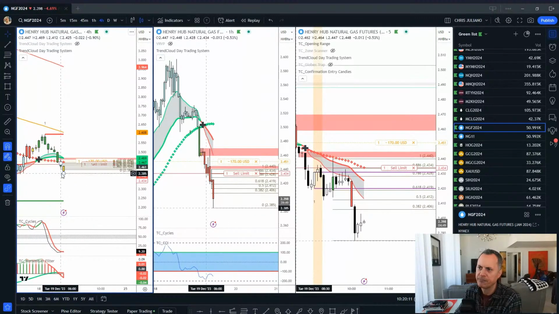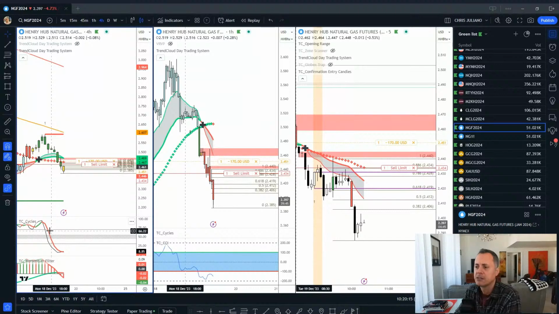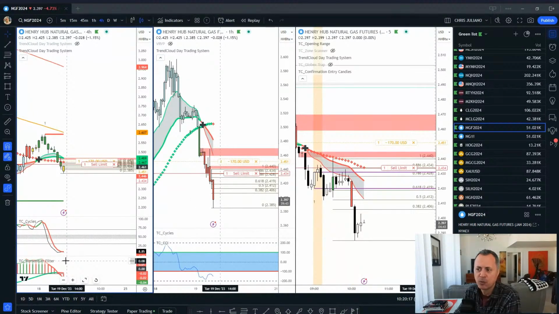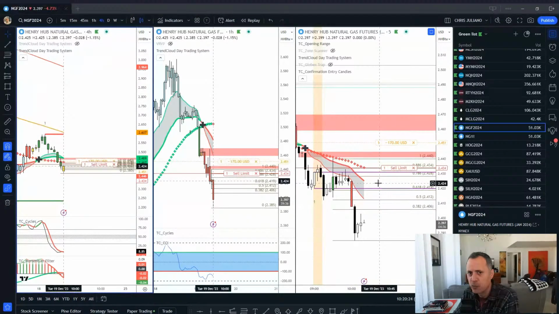High time frame, yellow candles transitioning to the downside. Cycling down, momentum down, all on the high time frame. The pullback, you're pulling back into a lot of downward force. That's what TrendCloud lines up for you, and that's what you've got to look for.